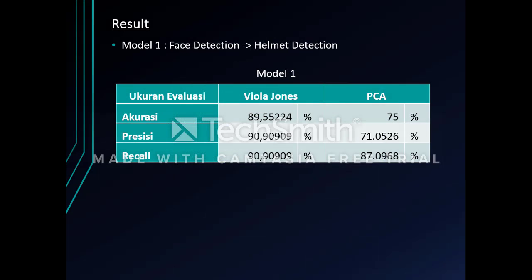Then this is the classification result of the first model: Viola-Jones at 89% accuracy, and the PCA at 75.